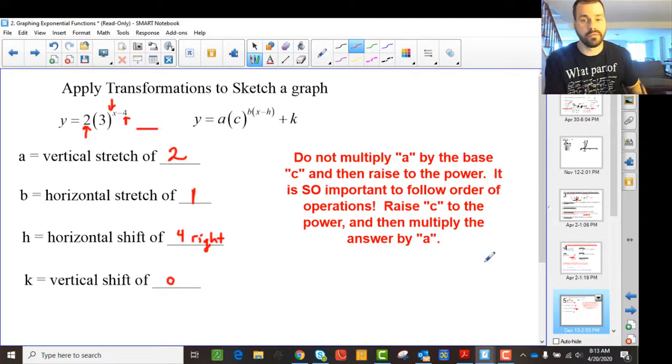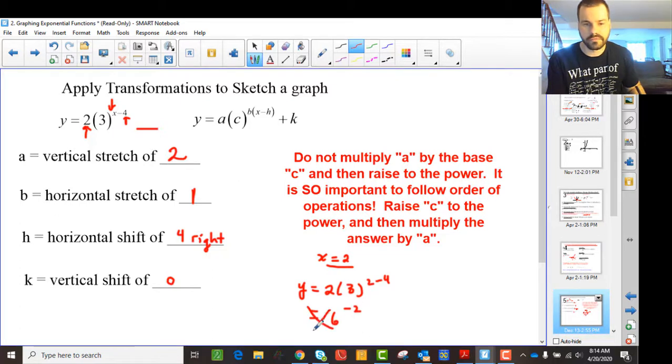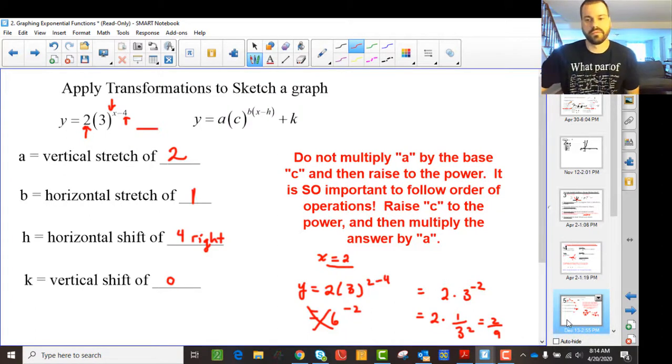So if I say x is 2 in my equation here, and I ask what's the answer, it's not 2 times 3 to the 2 minus 4. It's not taking 6 to the minus 2. That's not right. We don't multiply 2 by 3 and then raise it to the power. What it is, is 2 times 3 to the minus 2, and that is 2 times 1 over 3 squared, so it's 2 over 9. That's the difference.